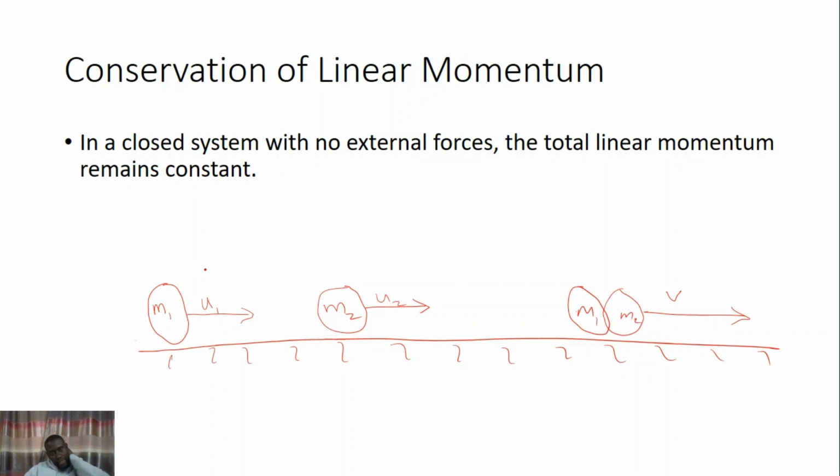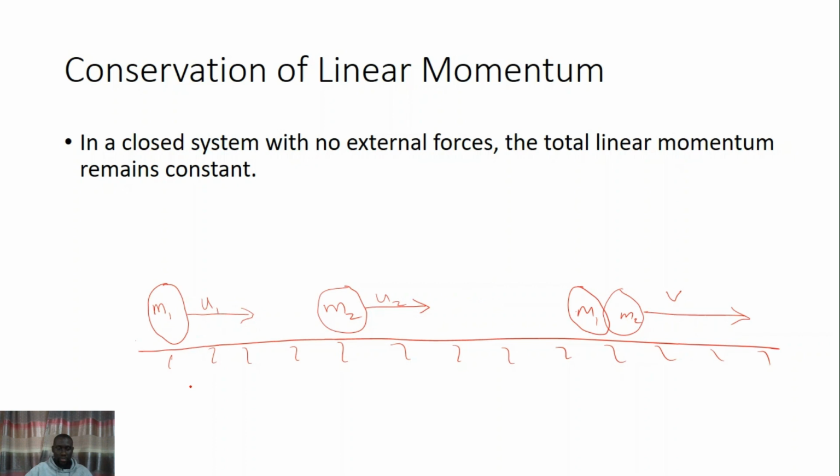What this is clearly stating is that the total linear momentum, don't forget that momentum is mass times the velocity, the total linear momentum before and after are the same. That's what they mean by saying it remains constant.